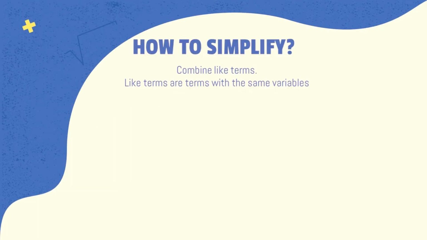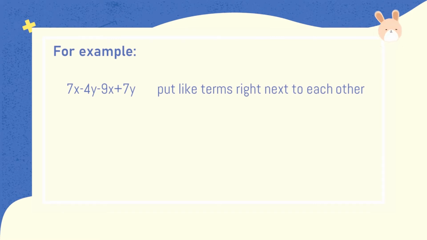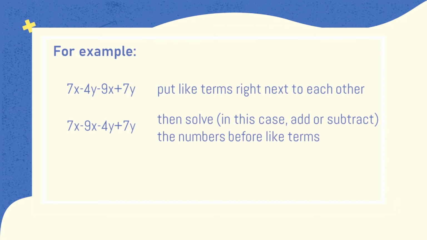So, how to simplify? Combine like terms. Like terms are terms with the same variable. For example, 7x minus 4y minus 9x plus 7y. Put like terms right next to each other: 7x minus 9x minus 4y plus 7y.